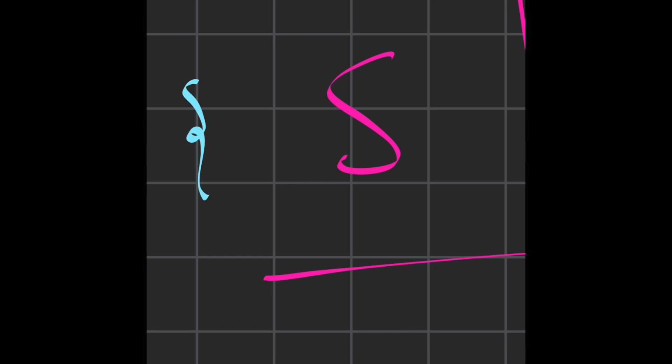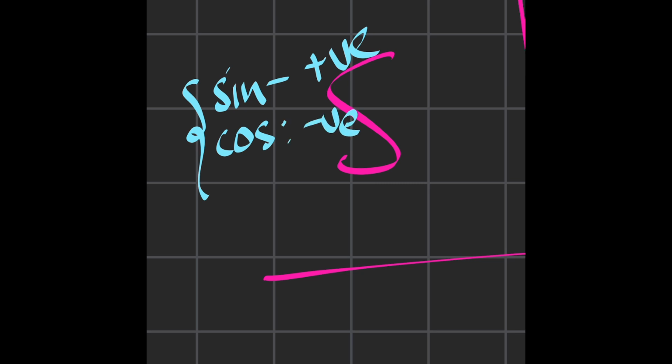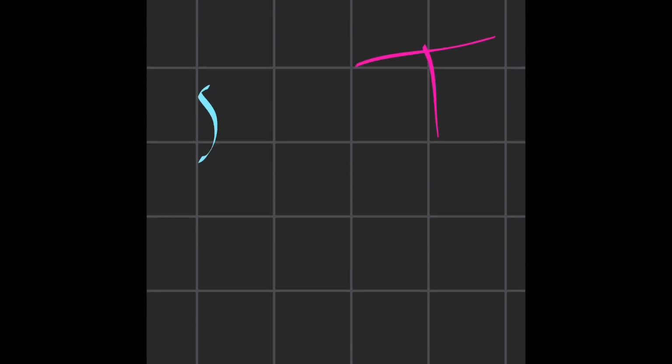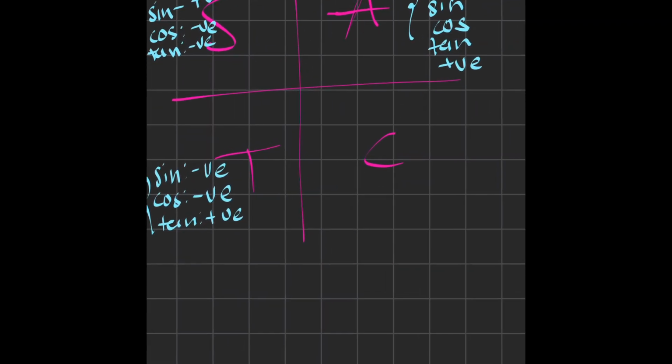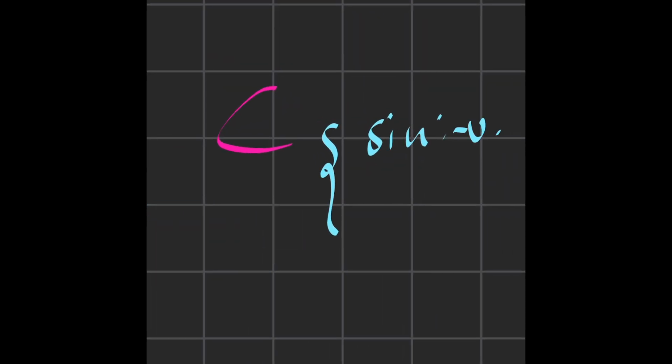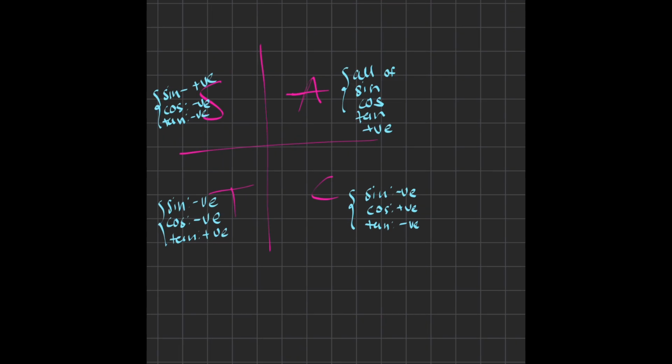And here we know sine is positive, cos is negative, and tan is negative. Here we have sine is negative, cos is negative, and tan is positive, right? And here we have sine is negative, cos is positive, and tan is negative, right?